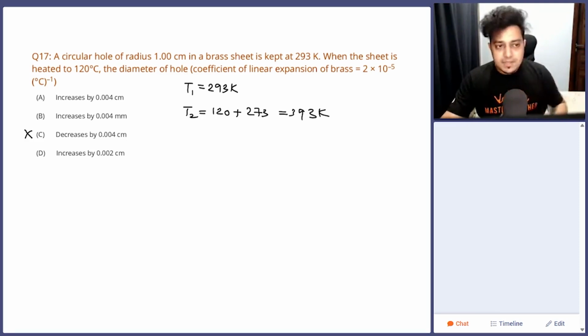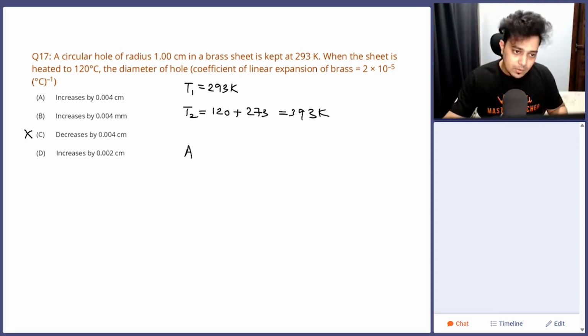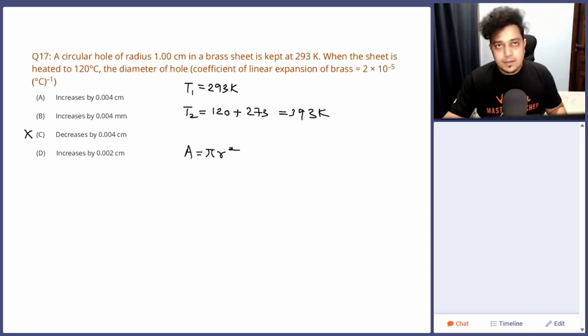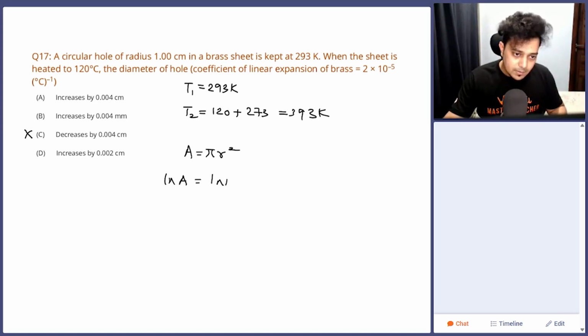From the initial radius, we can get the area. The area of the hole will be equal to pi r squared. If I convert this into fractional change, taking log on both sides, ln of A equals ln of pi plus 2 ln of r.